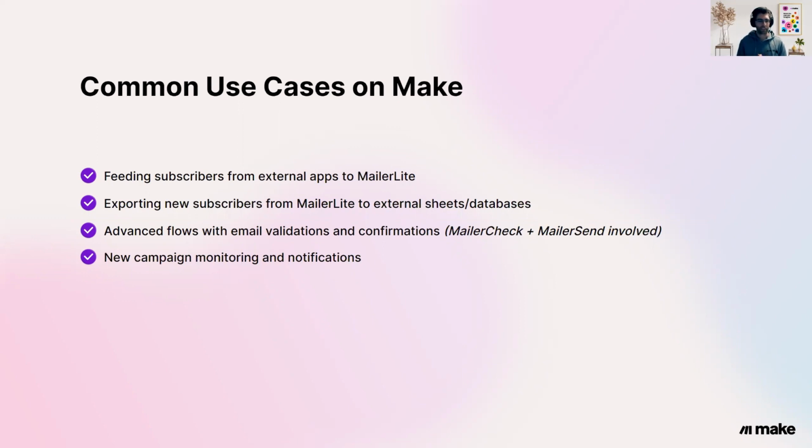And then finally, we see users using Make to listen for new campaigns in MailerLite and notifying their teams when new campaigns go out, because you want your people, your coworkers, to know that something is happening, right? So they expect maybe an increased number of tickets, more sales, more leads, more whatever, right? So that's for the talking part on my side.